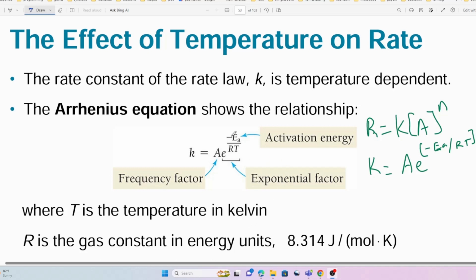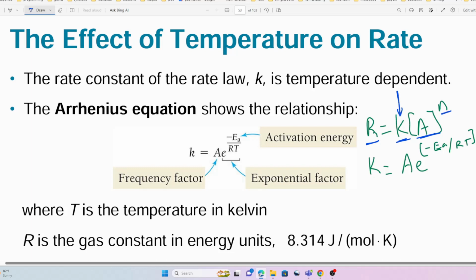We see here that the rate constant of the rate law, which is given as k, is temperature dependent. The Arrhenius equation shows this relationship such that k is equal to A times e to the negative Ea over RT. And the rate, as given previously, is given by some k times the concentration of the species in the reaction raised to the n power.